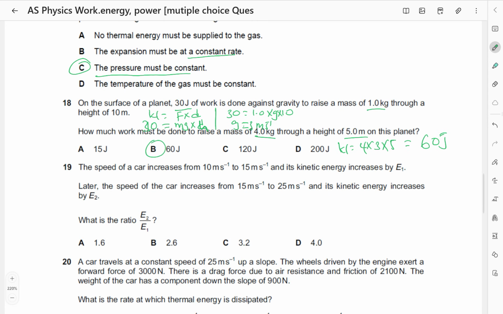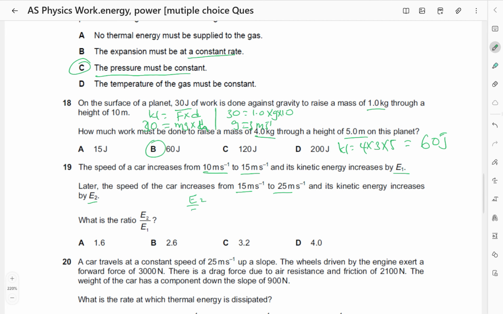The speed of a car increases from 10 meters per second to 15 meters per second, and its kinetic energy increases by E1. Later, the speed of the car increases from 15 meters per second to 25 meters per second, and its kinetic energy increases by E2. What is the ratio E2 over E1? That is very easy.